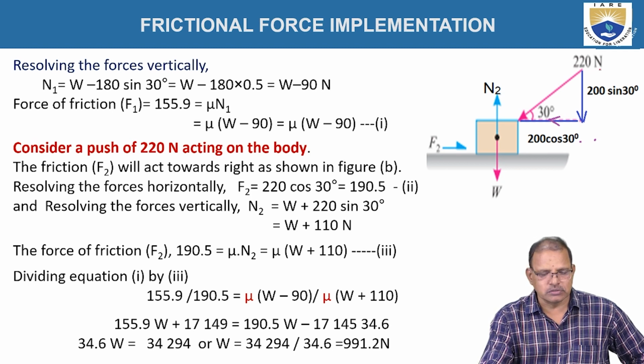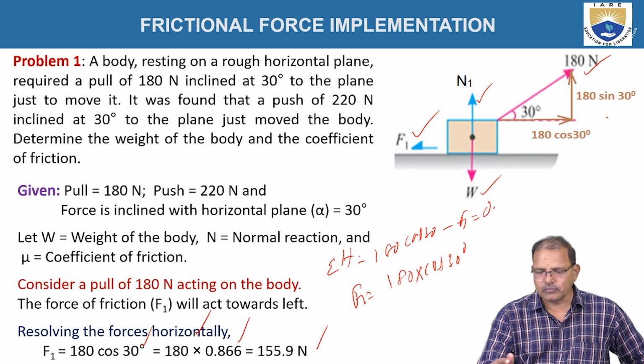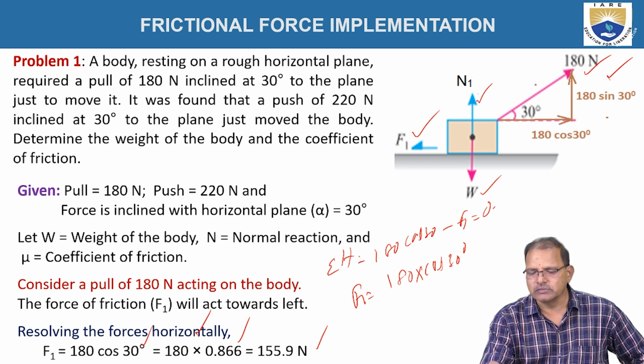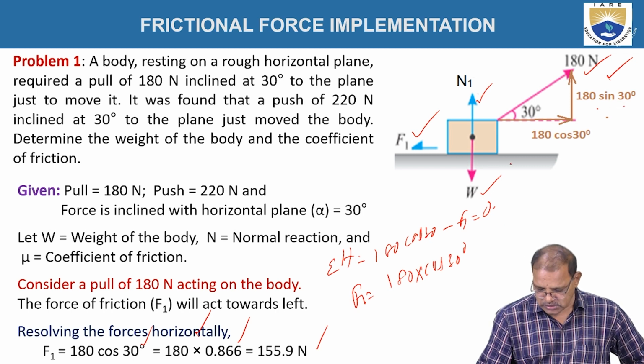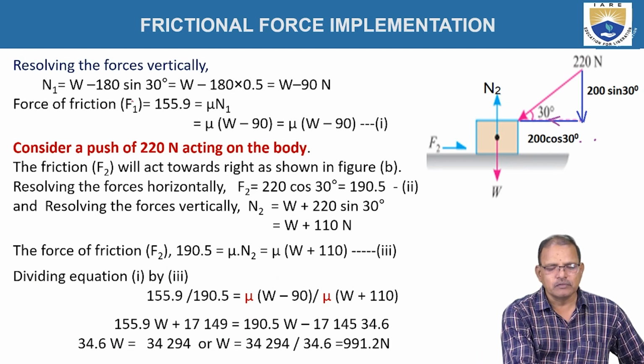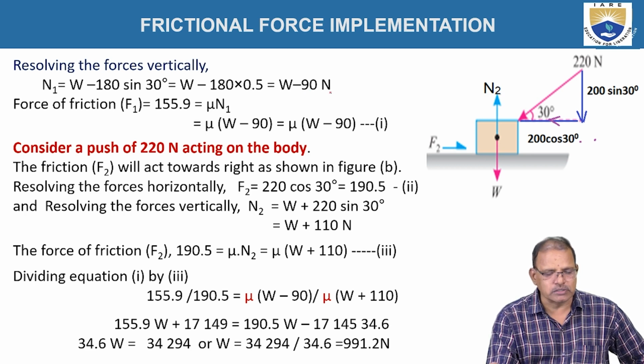The vertical forces acting upward are treated as positive. N1 as well as 180 sin 30 both act upward, and the weight acts downward. From this relationship, N1 is equal to W minus 180 sin 30 degrees, which is W minus 180 into 0.5, that is, W minus 90 newtons.